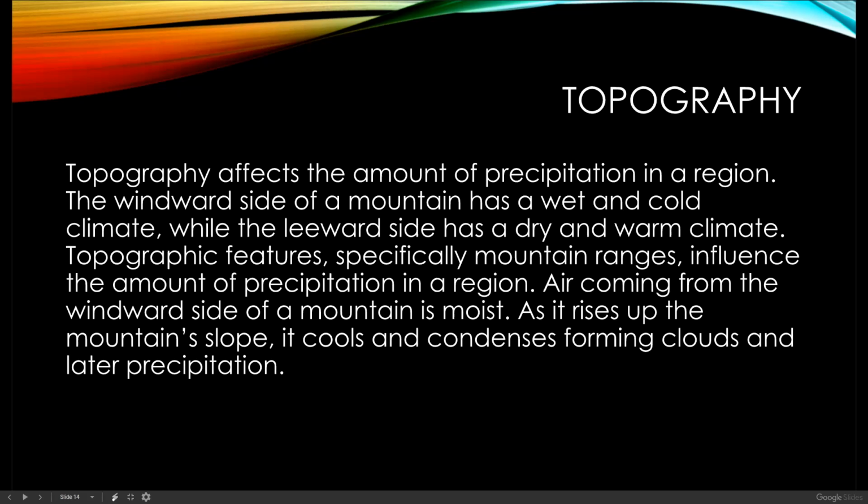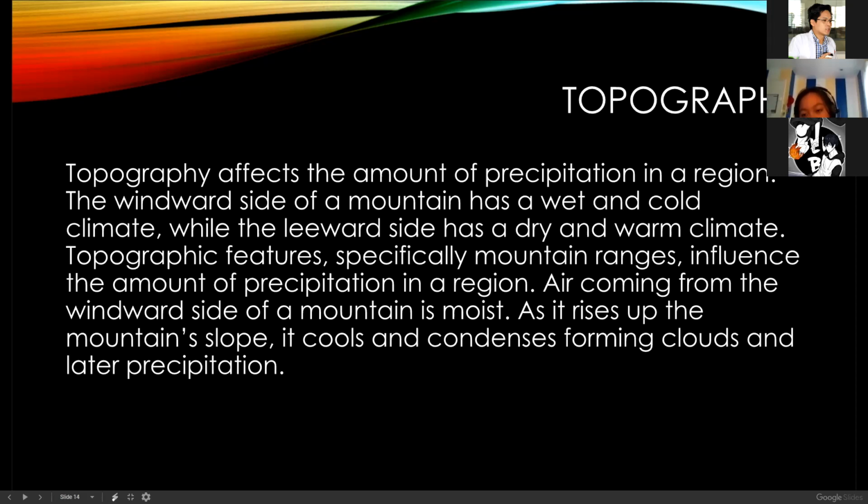But when it passes through a mountainside, it will loosen its power. Why? Because the source of energy, the water and the evaporation, is lesser compared to the area in the ocean, which contains more water. That's the reason. So again, air coming from the windward side of the mountain is moist. As it rises up the mountain slope, it cools down and condenses, forming clouds and later precipitation.